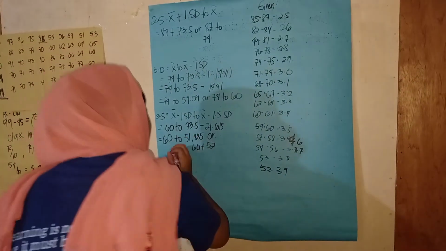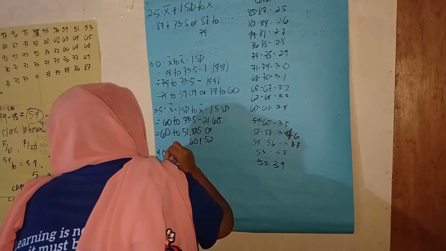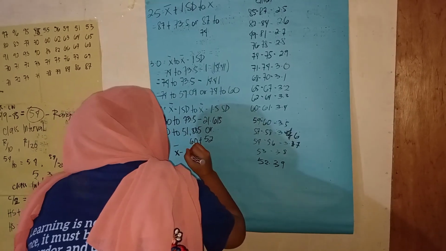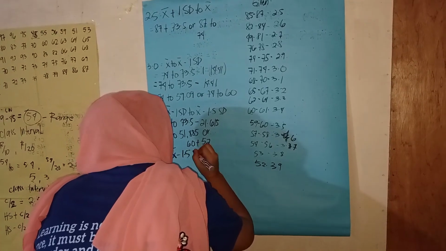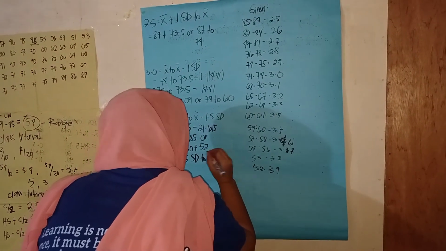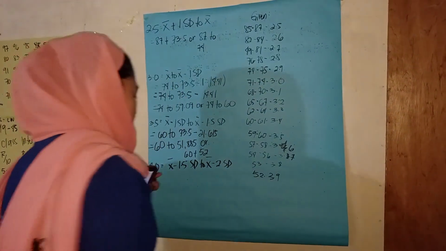So next is 4.0, which equals mean minus 1.5 standard deviations to mean minus 2 standard deviations.